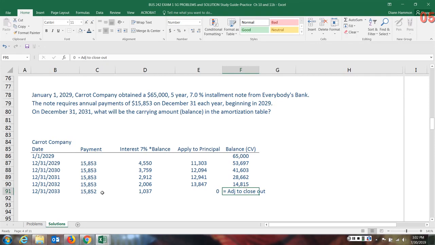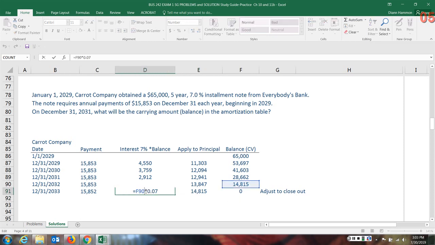So now we have a remaining balance of $14,815. Now we need to close out this account. For the last payment, because we're adjusting it, we're going to zero out the balance in the end. We know that the amount to apply to principal has to be equal to the amount that is still owed, which is the $14,815.